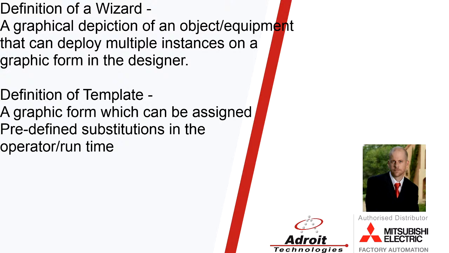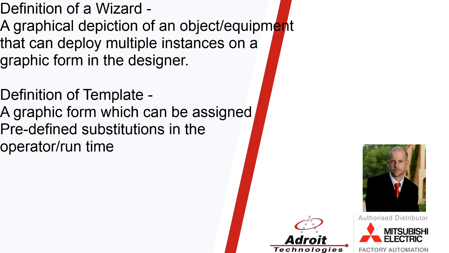A definition of a wizard is a graphical depiction of an object or equipment that can deploy multiple instances of that wizard on a graphic form in the designer. Typically, what this means is a wizard is a unique kind of graphic form.